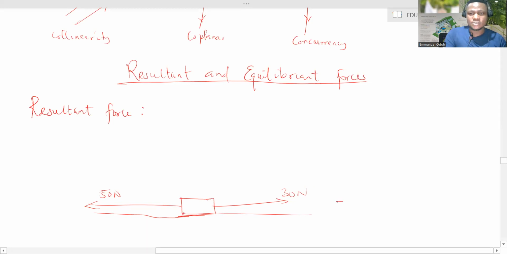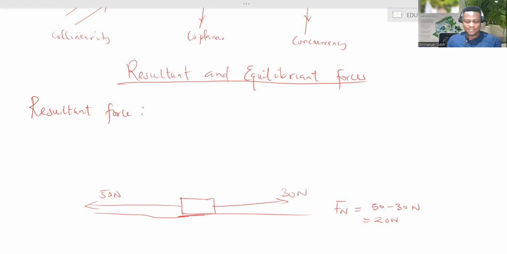So the net force or the resultant force will be 50 minus 30, which is 20 Newton. So this 20 Newton will produce the same effects in both magnitude and direction as when these forces, 30 Newton and 50 Newton, are acting together.